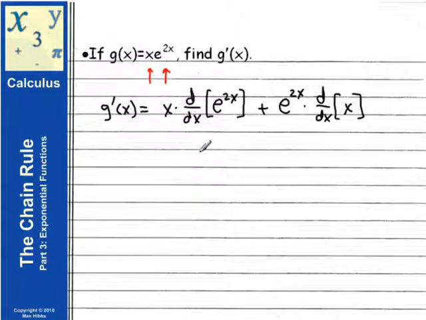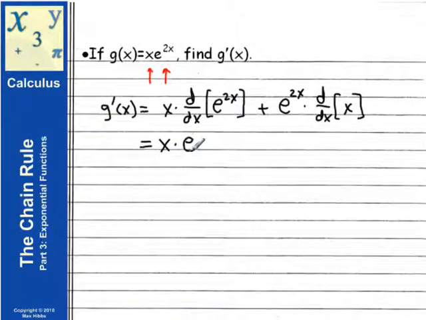In using the product rule, we say first function times derivative of second, plus second function times derivative of first. And we can do these calculations very easily. Here we have the first function. Now, here we have the derivative of e to the 2x, which requires the chain rule since our exponent is not just x.